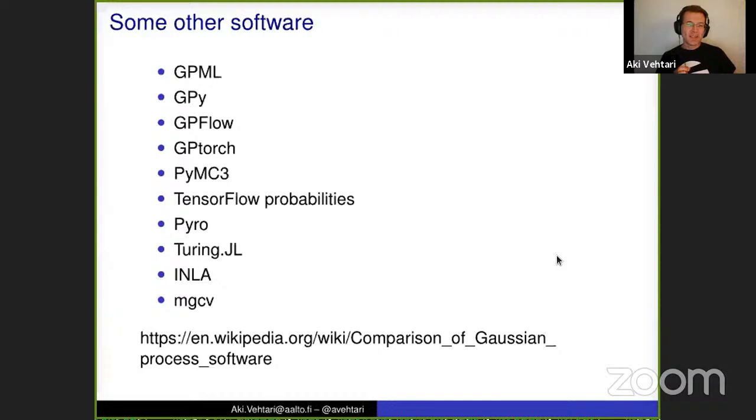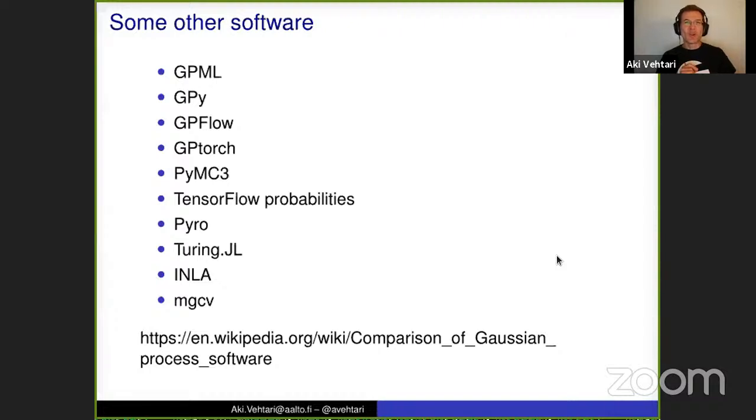INLA is both software and algorithm, and it's not that often used for Gaussian processes, but it also supports certain Gaussian processes which are then actually turned into Markov random fields for inference. mgcv is a very common package in R, and there are other packages also which are mainly for splines, but there's a connection between splines and Gaussian processes, and many splines are Gaussian processes, and certain Gaussian processes can be presented as splines.